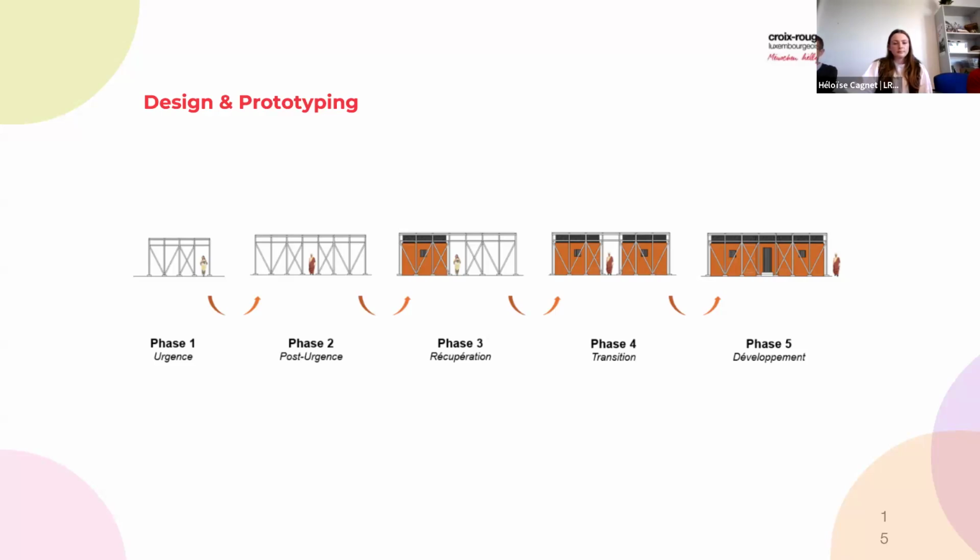And then slowly double the structure and start building bearing walls in earth. We tested as well different types of bricks that could provide a more dignified solution long term.